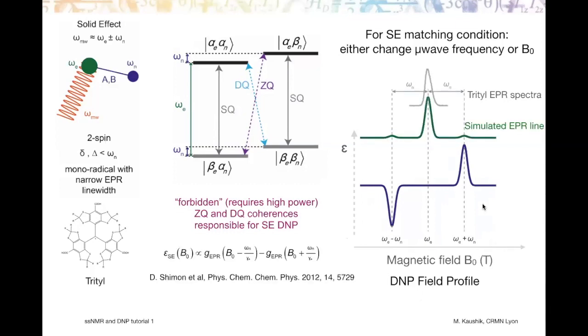The position of these maximum positive and negative lobes with respect to the EPR line is characteristic of solid effect. For the nuclear Larmor frequency of proton, they should be separated by 400 megahertz at 9.4 Tesla. So DNP field profiles can be simulated based on EPR lines using this formula, which is essentially the difference between zero quantum and double quantum transitions.